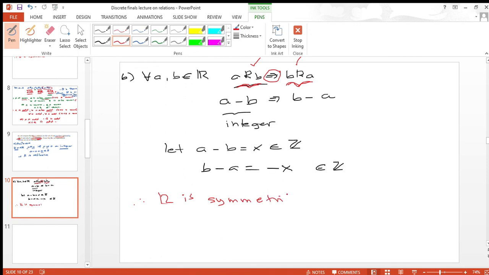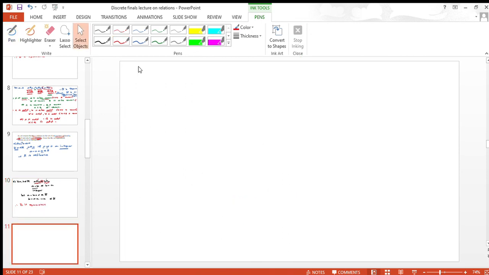And finally, the transitive property. For all A, B, C as an element of the set of real numbers, A R B and B R C implies A R C. Remember, this is an if-then statement, so you assume this to be true.